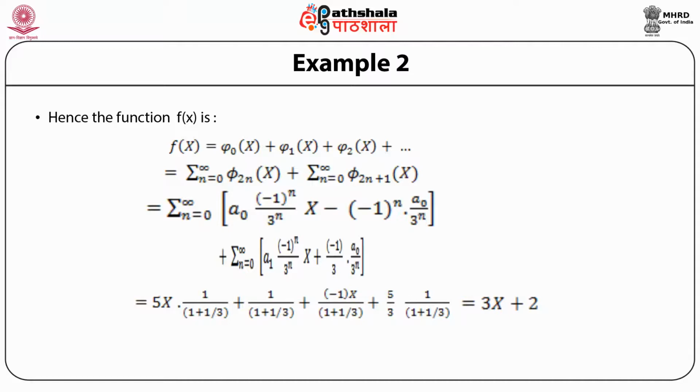So f(x) equal to 3x plus 2 is a complete solution of the equation which we considered, and it is worthwhile to substitute this value of f(x) in the integral equation to see this is indeed the solution.